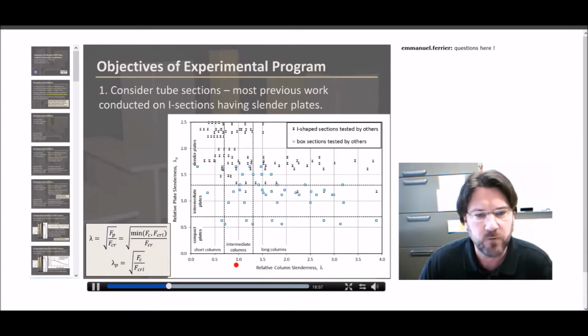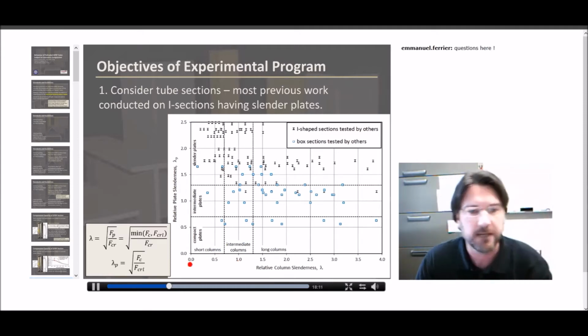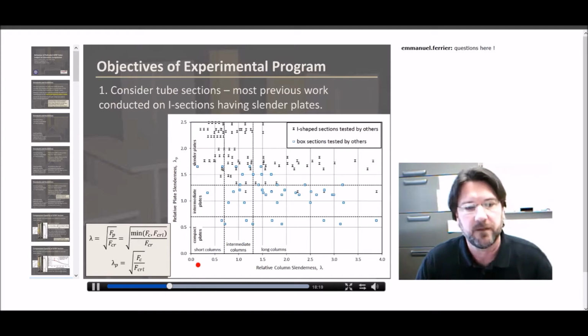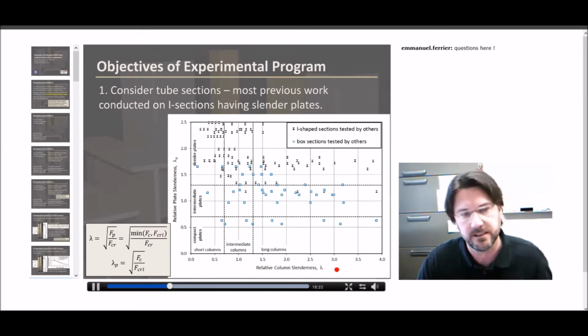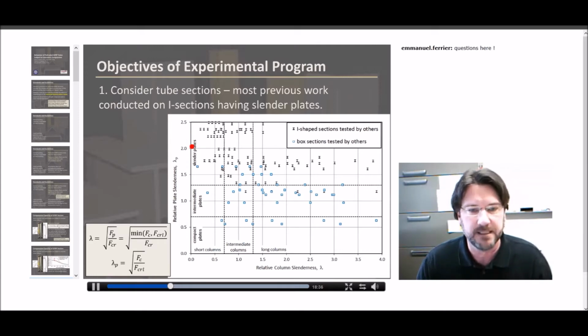I'm going to take a second to discuss this plot, because we're going to see a couple versions of it as we go on today. This is simply a mapping of GFRP sections. Across the horizontal axis, we have the column slenderness of the overall member, so very short columns on the left, going to extremely long columns to the right. Vertically, we have the plate slenderness, the walls that make up these elements.